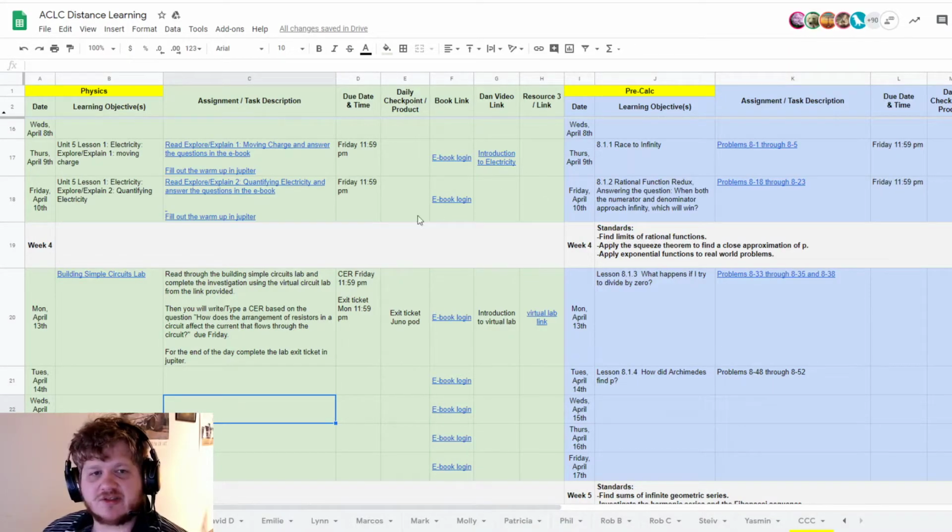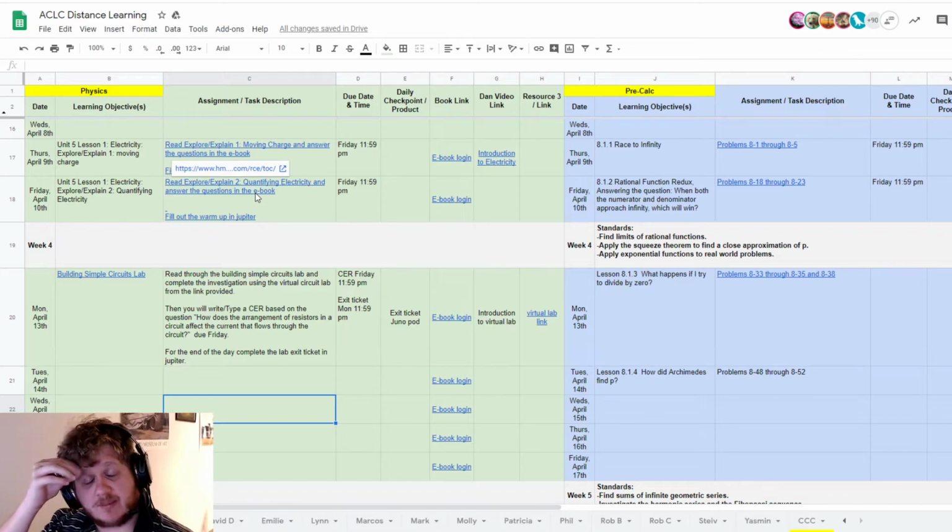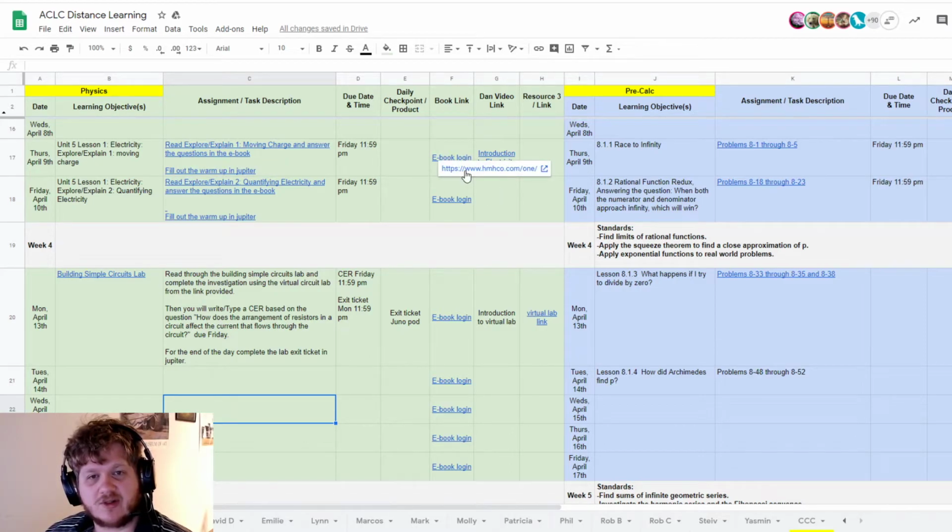One of the big things I want to go over right now is the login for the book. Under the assignment and task description, these are links to the direct chapters and sections that you will need to read. However, the ebook is a little bit weird, so first you have to log in.